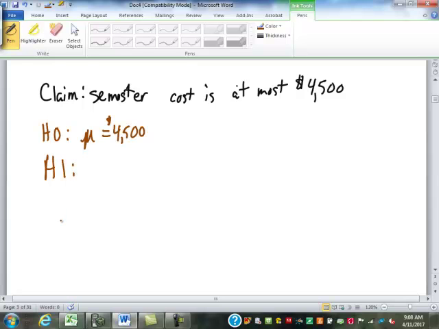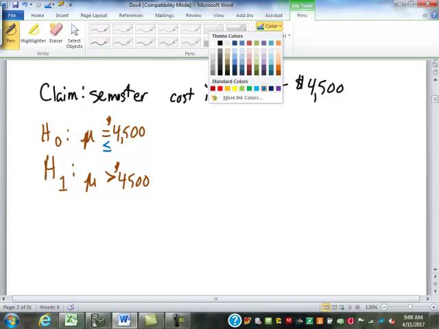The alternative, H1, I don't have to leave those up anymore, I can put in subscript, H0 and H1. This is saying at most 4,500, so the alternative would be it's more than 4,500. We always put equals in the null hypothesis, but remember, once we see that this is greater than, we know that really is talking about less than or equal to 4,500. But it's just kind of the grammar of the test.